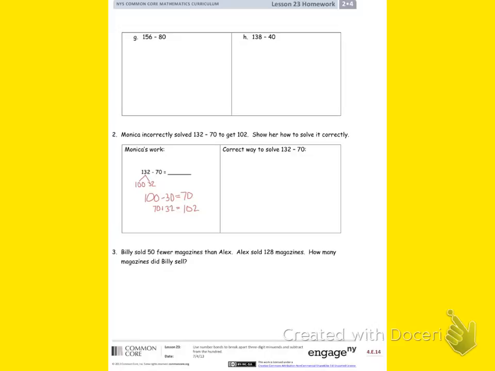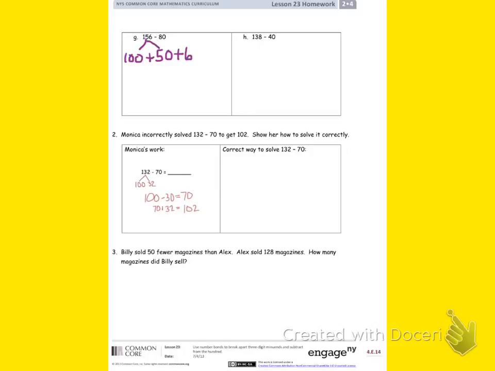Module 4, Lesson 23's objective is to use number bonds to break apart three-digit minuends and subtract from the hundred. Item G, 156 minus 80. First, we need to decompose 156. 156 can be decomposed like this: 100 plus 50 plus 6.